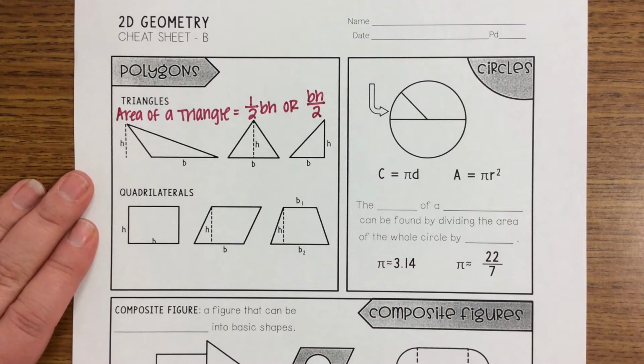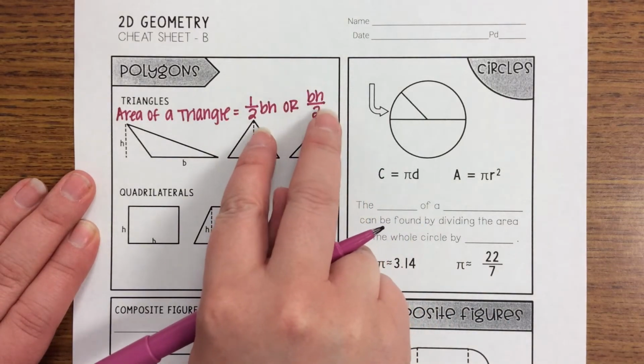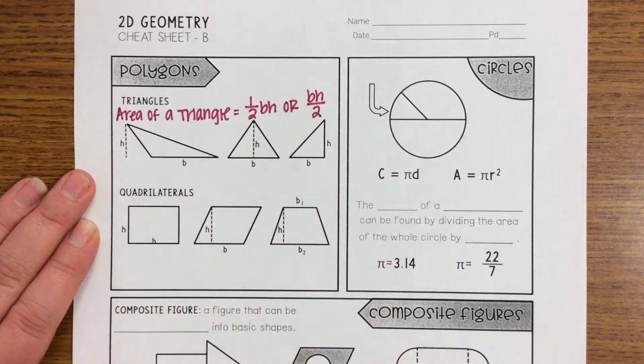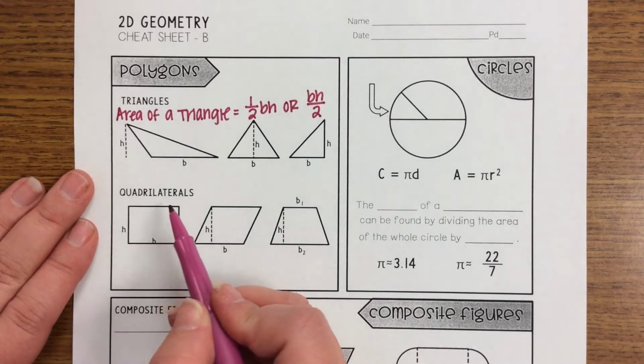Remember that multiplying by 1/2 and dividing by 2 are the exact same thing. So although these two formulas look very different from each other, they are actually doing the exact same thing. Now, the second set of polygons we have here are quadrilaterals.